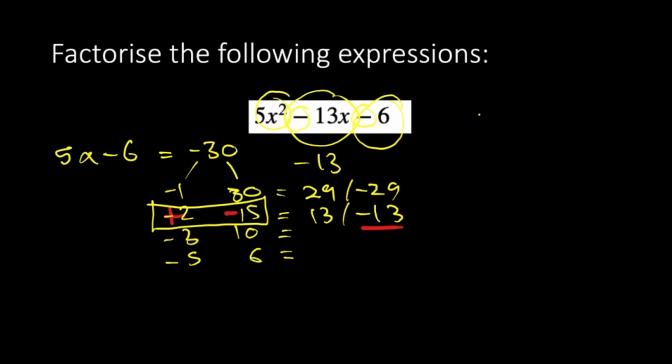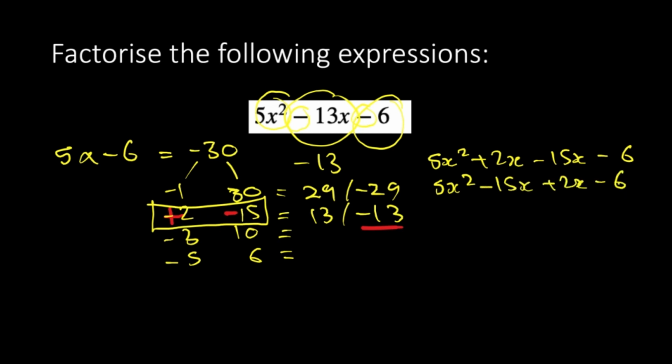You split the minus 13x into plus 2x and minus 15x. So 5x squared plus 2x minus 15x minus 6. Using a set of numbers, remember. And then you just sort them out again. Put the 15 next to the 5 because you can take a common factor 5 out. So 5x squared minus 15x plus 2x minus 6.